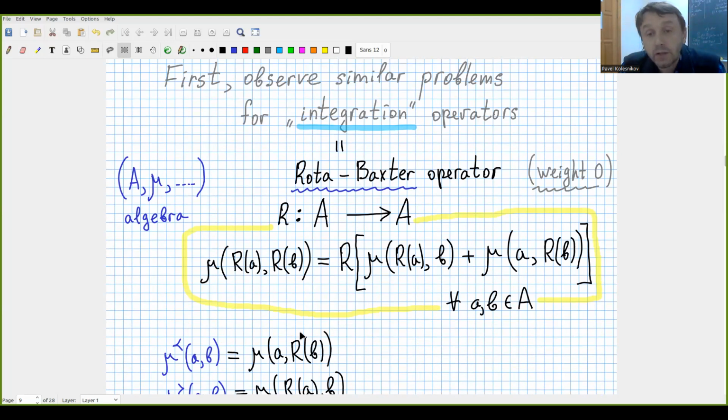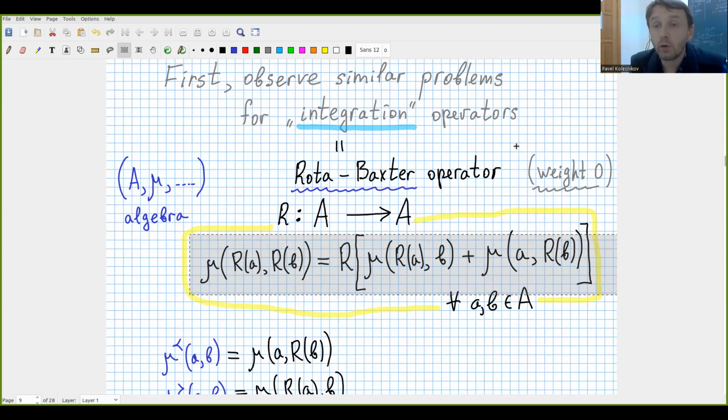Again, for a binary algebra, a Rota-Baxter operator is a linear map which satisfies the following identity. This identity actually represents integration by parts in some sense. Oskar Jumadildaev also showed that integration operators provide essential examples of Rota-Baxter operators. I will speak only about weight 0 operators.